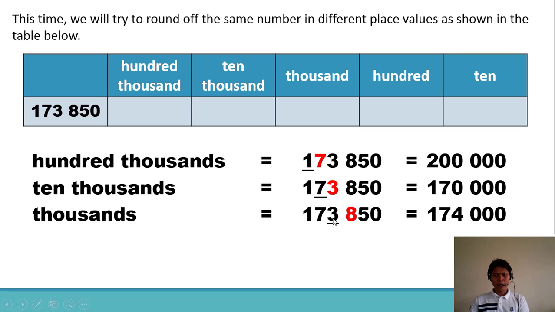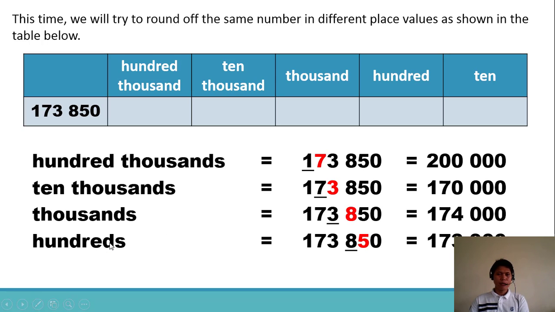Next, for the thousands place, same. Ones, tens, hundreds, thousands. The thousands place is 3. And the digit to the right is 8. Since it is greater than 5, then we add 1 to 3. 3 becomes 4. Therefore, it is 174,000. To the nearest hundreds, or to the nearest hundred, the hundreds place is 8. So ones, tens, and hundreds. Next, the digit to the right is 5.